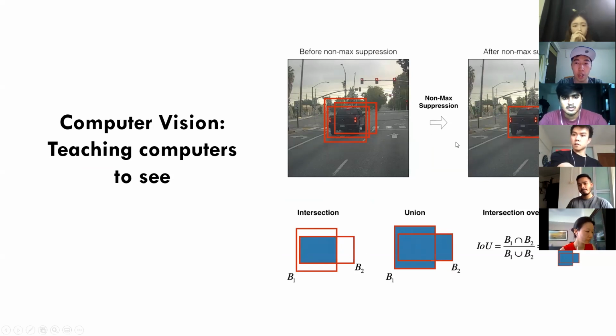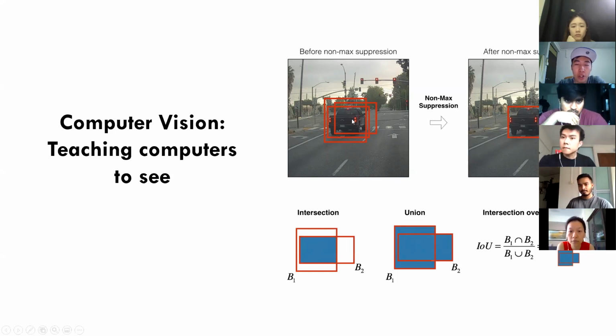So what we're going to go through is this technique called the intersection over union. So what is intersection over union? Let me just start from the top. If you see over here, there's this picture of a van, of a lorry, and there are 3 red rectangles that identify where the lorry is in the picture.